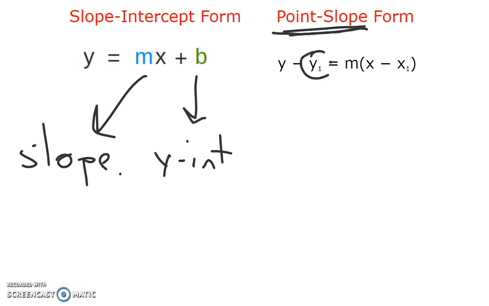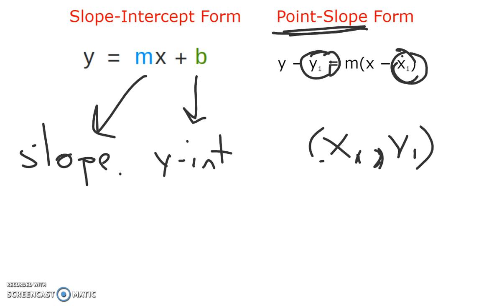which means that I have a point, which would be (x1, y1), and I can plug that point into a point slope formula where I would put my x1 here.